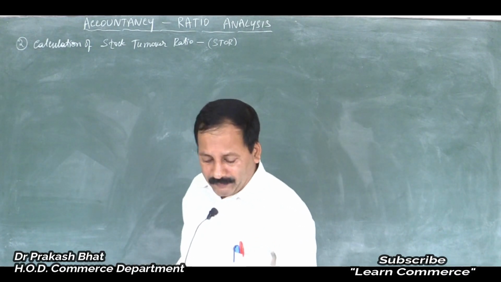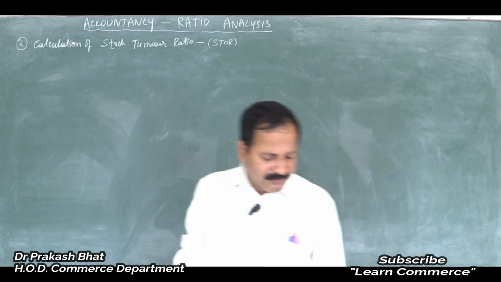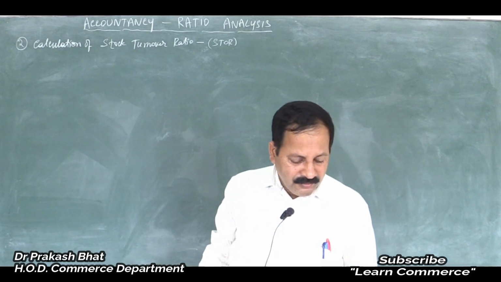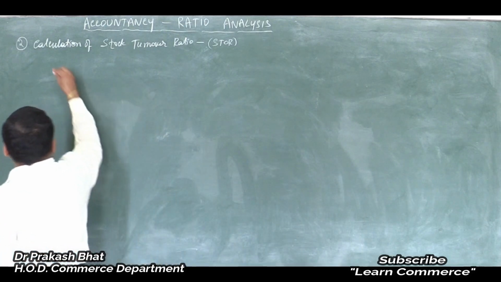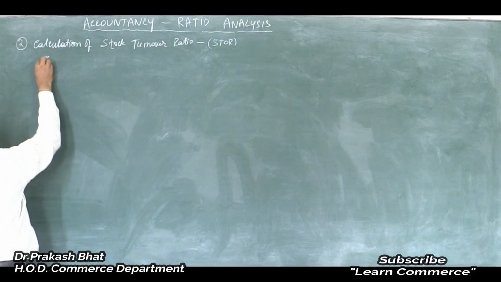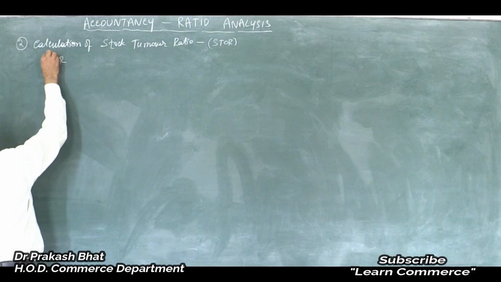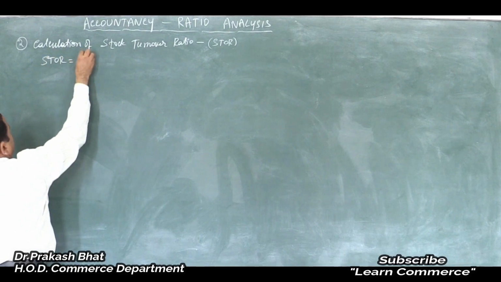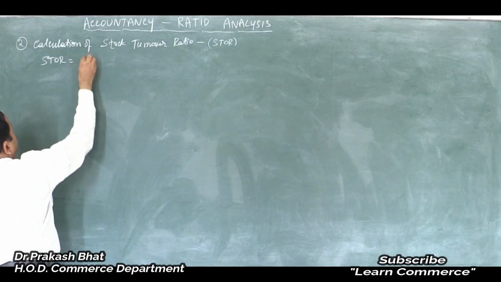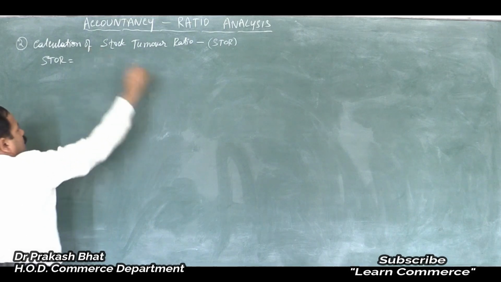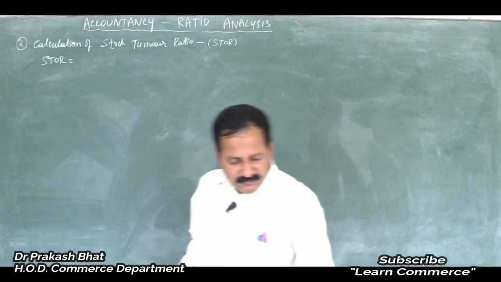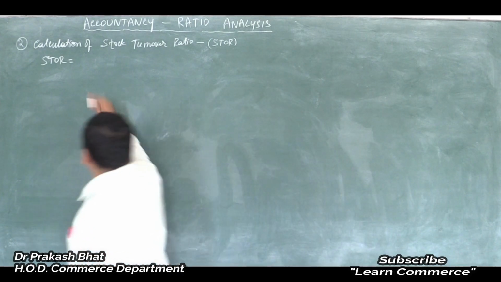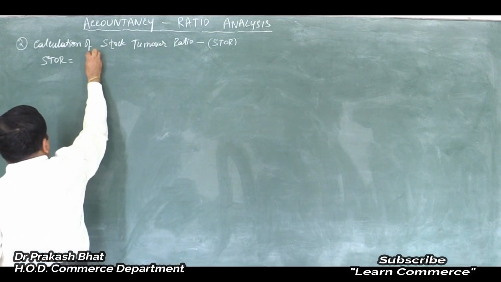What is the formula for that? Stock turnover ratio is cost of revenue from operations divided by average inventory. Formula is stock turnover ratio is equal to cost of goods sold. Cost of revenue from operations or cost of goods sold, both are one and the same.